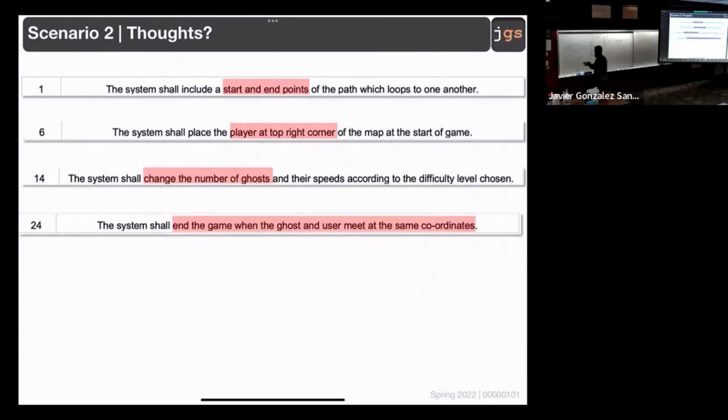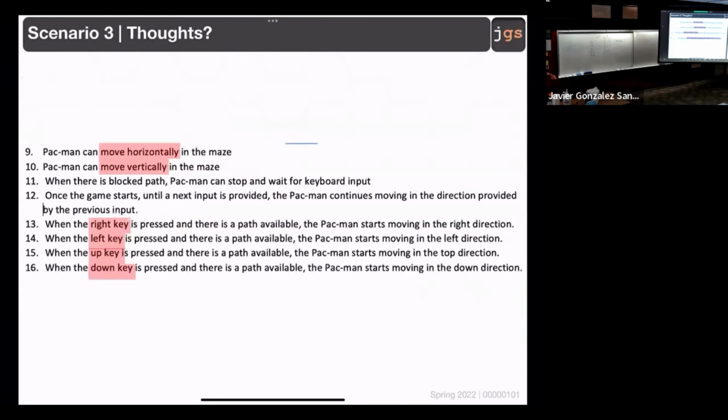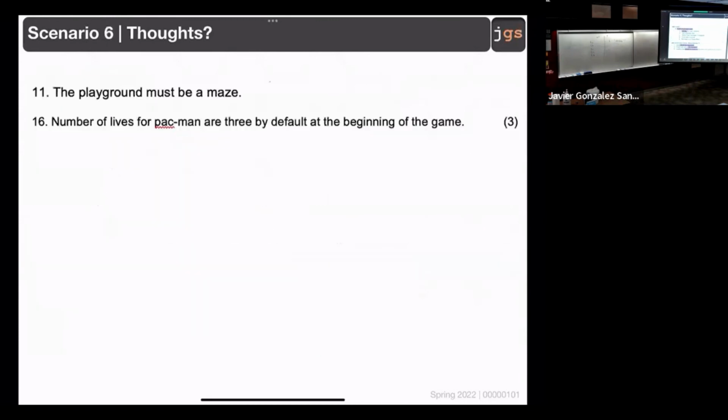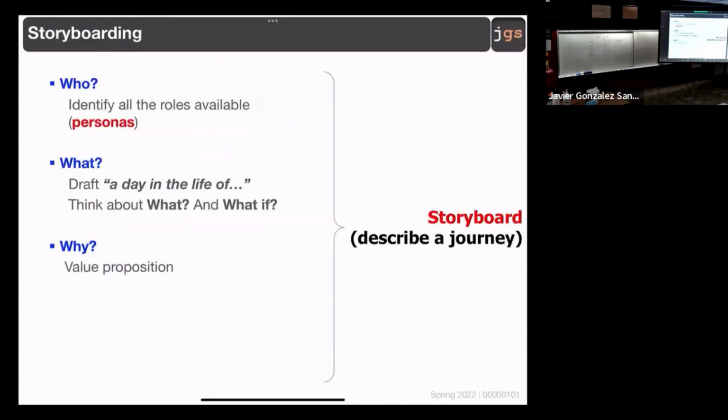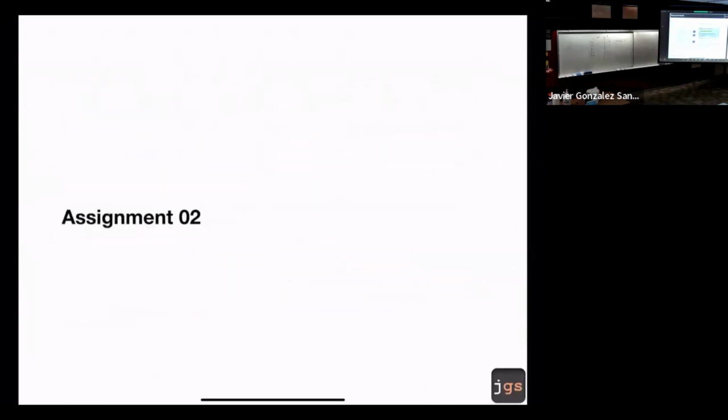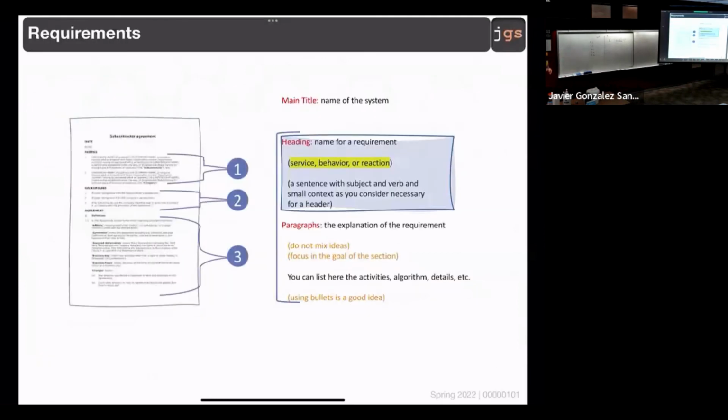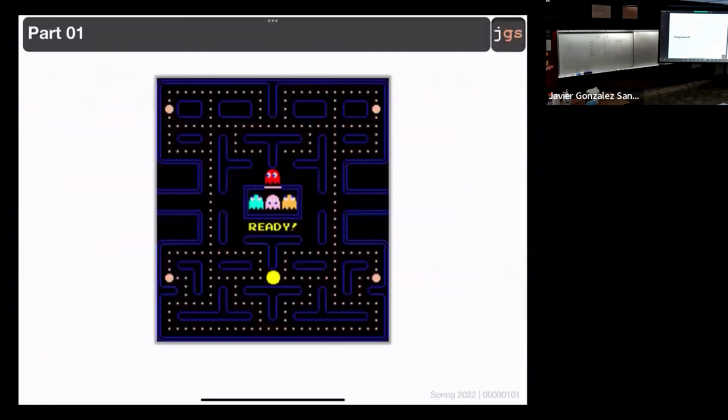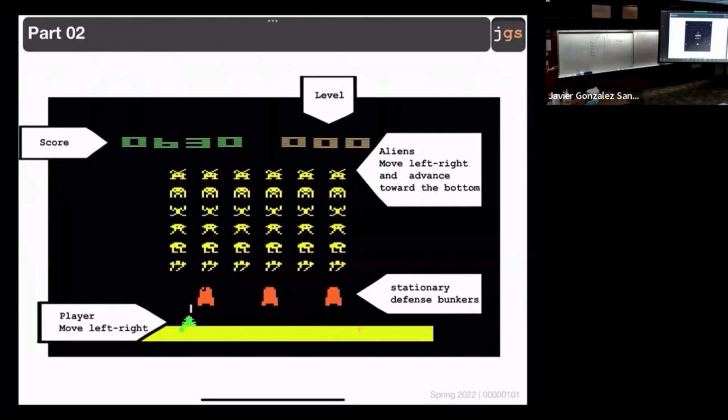So homework, let me quickly move to things that you can review, but for your homework, I am asking you to do the requirement specifications, a document like this one, for number one, the Pacman. Yes, the Pacman. Number two, this game. Do we know the game? Yes, sir.